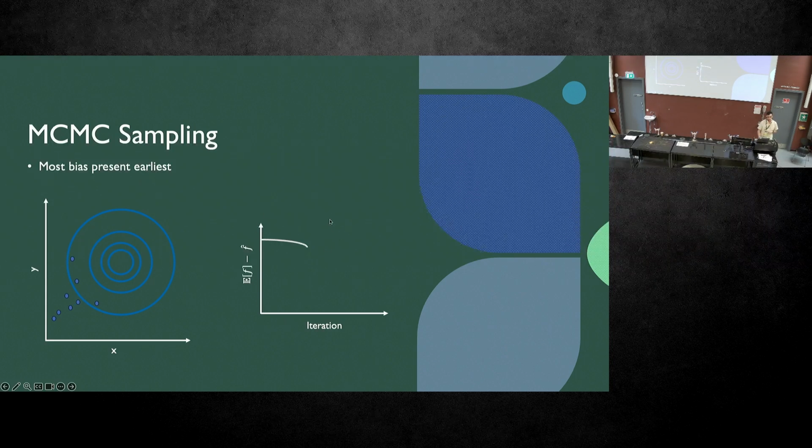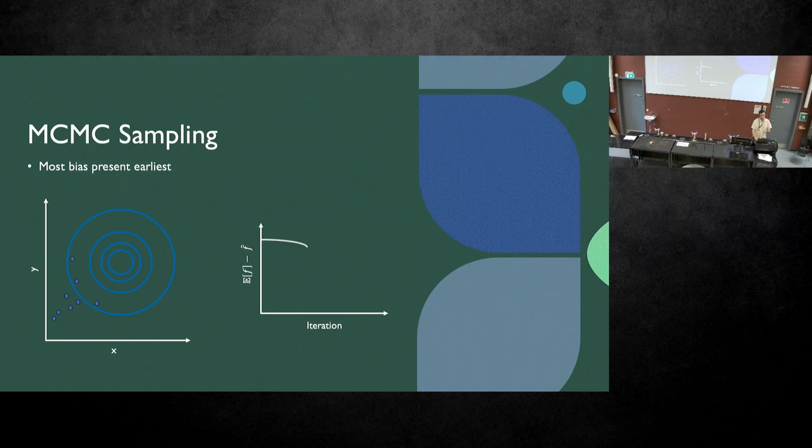On the right here, we have our estimate of the level of bias. Here we have our unknown true estimate, and up here we have our Monte Carlo estimate. At the very start of the chain, we have quite a bit of bias. There's quite a difference between the true and estimated value of our function, because a lot of these samples aren't even from our distribution of interest.